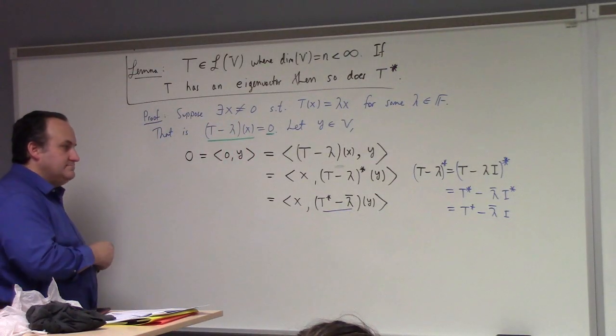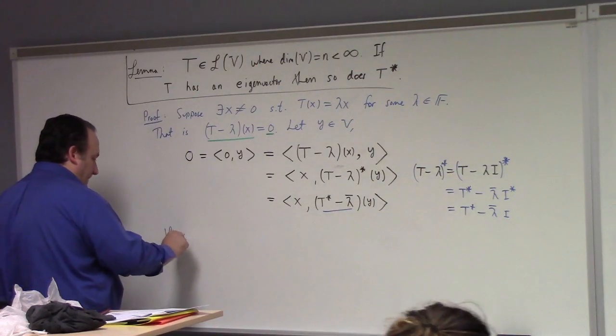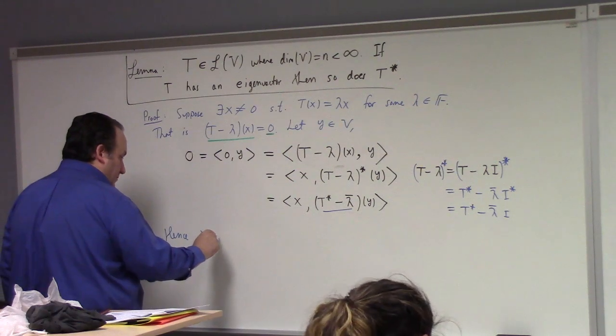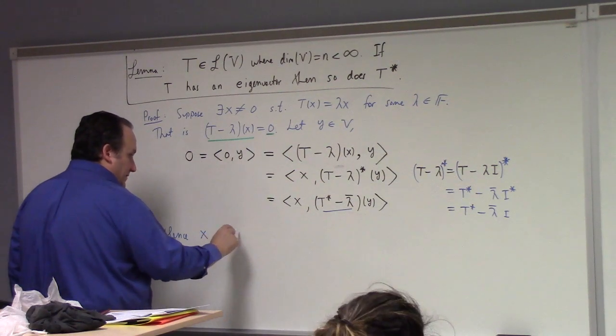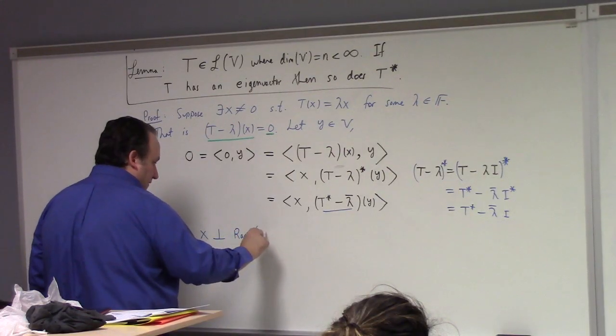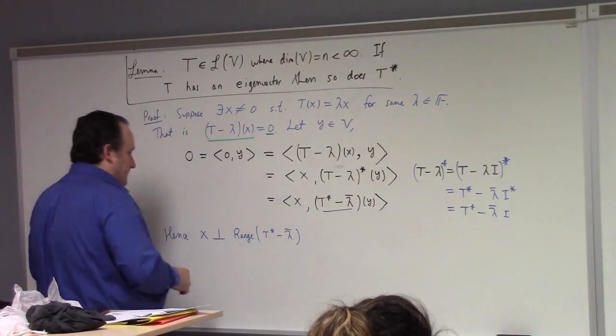So what's this all mean? Hence, x is perpendicular to the range of T star minus lambda bar, right?